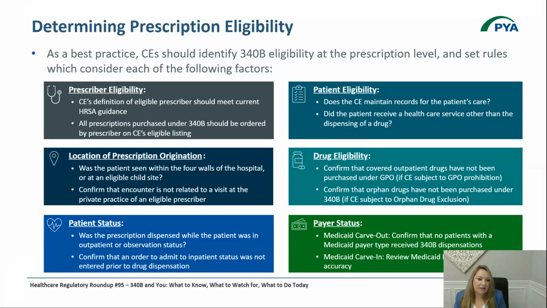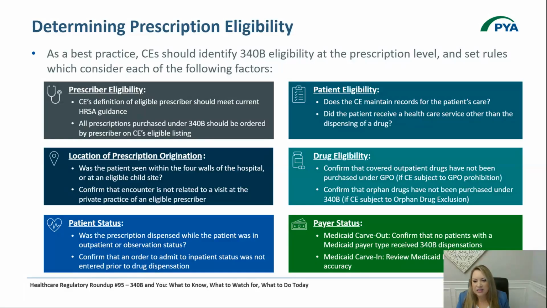By Friday, their care has deteriorated, their condition has deteriorated, and now they need to be admitted for inpatient, making sure that after that admission to inpatient status is written, that the patient's not getting any 340B drugs after that point. So that's where some of the technology comes into play with your split billing software company and the way that those parameters are set up.